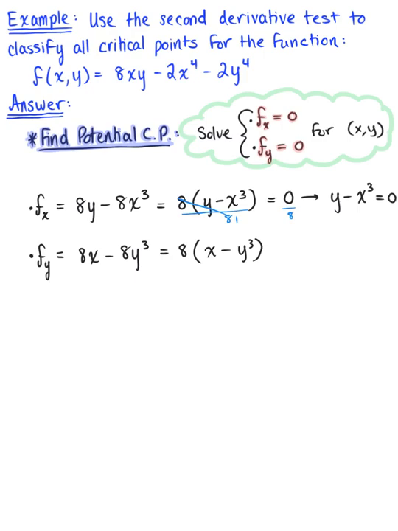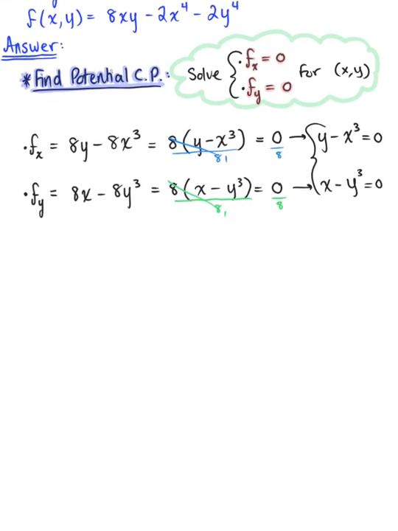And very similarly, with the first order partial with respect to y, we set this equal to 0, and we can divide both sides of this equation by 8. Those 8's cancel each other out to 1, leaving us with the simplified first order partial x minus y cubed equals 0. Alrighty, so we have simplified these first order partial derivatives, and we're now ready to start solving this system.